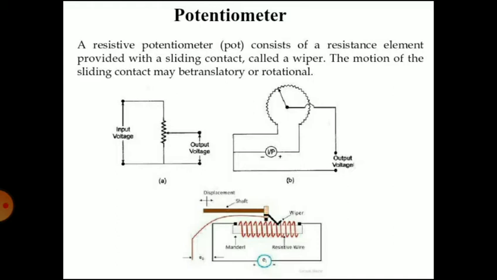The potentiometer consists of a resistance element with a sliding contact which can be moved over the length of the element. Such elements can be used for linear or rotary displacement, the displacement being converted into potential difference.